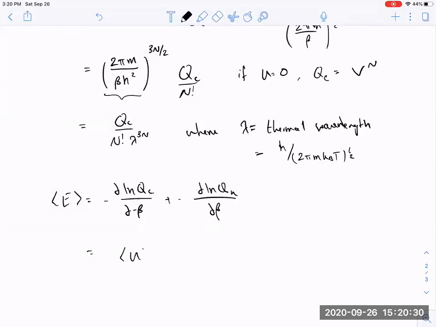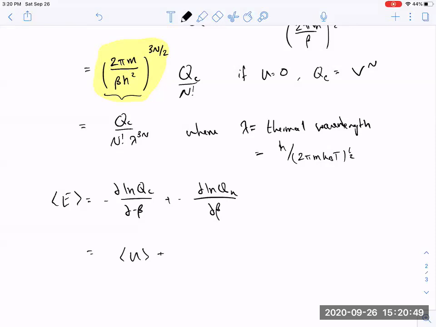This would localize, the first derivative localizes the potential energy on average, and the second piece is just taking the derivative with respect to beta of this factor here, whose beta dependence is beta to the minus 3n by 2.